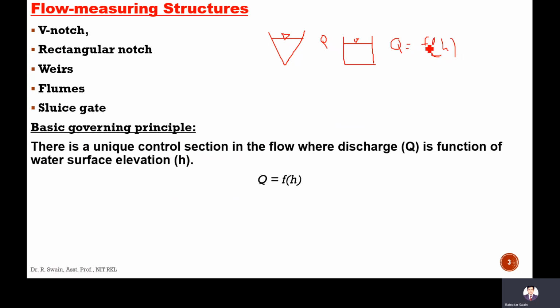Discharge can be measured only if you know this height, the depth of flow. In the laboratory it can be measured, and in the field it can also be measured in small streams. So discharge is expressed in terms of H. If H can be measured with respect to time, then discharge can be measured.